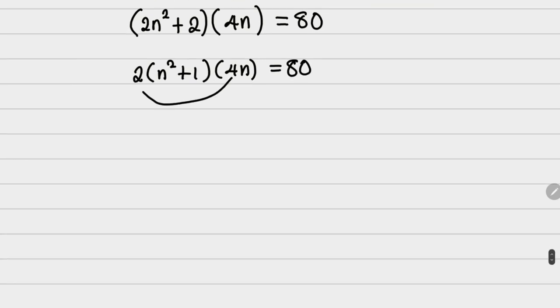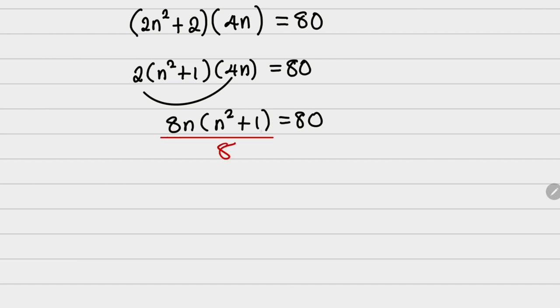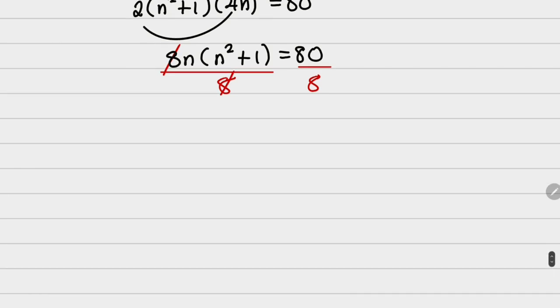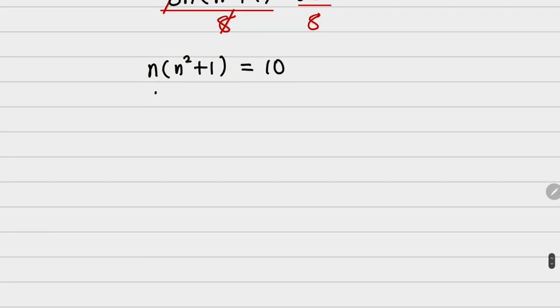So 2 times 4, we have 8n into n squared plus 1 is equal to 80. Now, we divide both sides by 8, so that this cancels this out. So that I'm going to have n into n squared plus 1 is equal to 10. So this is going to be n cubed plus n is equal to 10, which is n cubed plus n minus 10 is equal to 0.